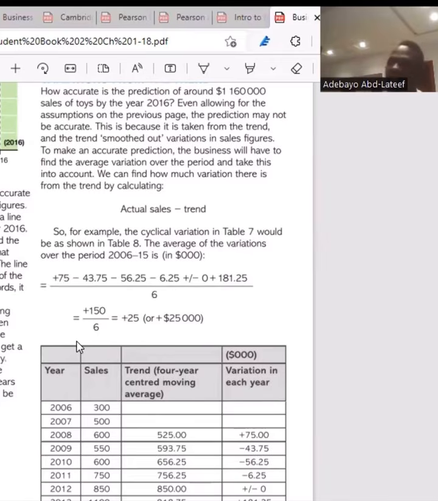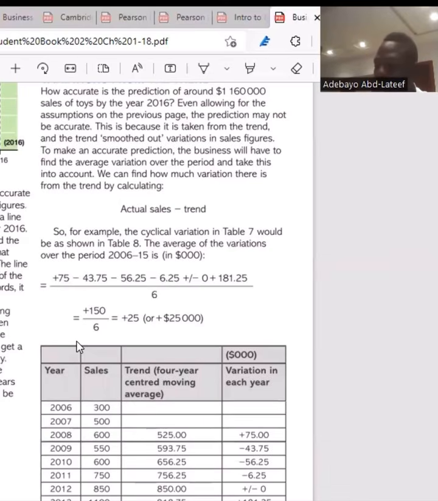You got your trend through your moving average or your centering. Are you with me? Yes. We get the trend through our moving average, which is calculating for 3 years, or calculating for 4 years using 8 periods. So whatever you get there, you subtract it from your original sales.